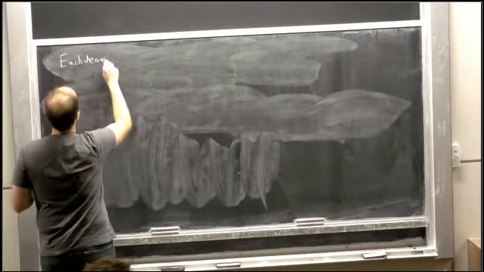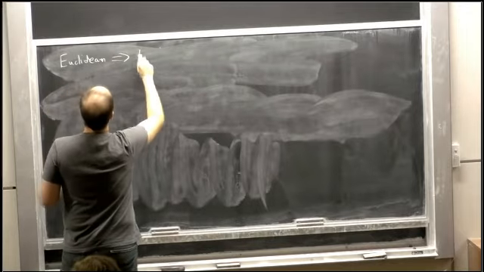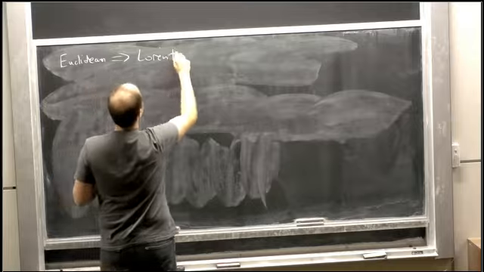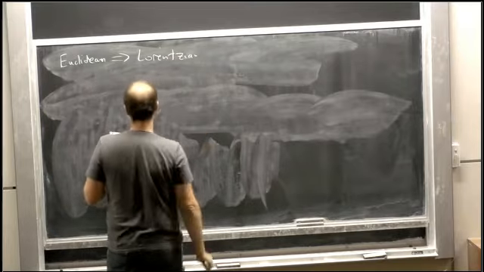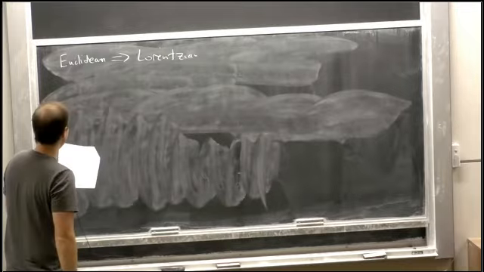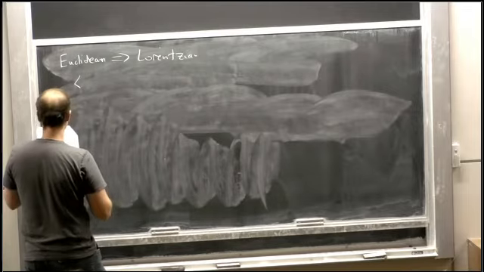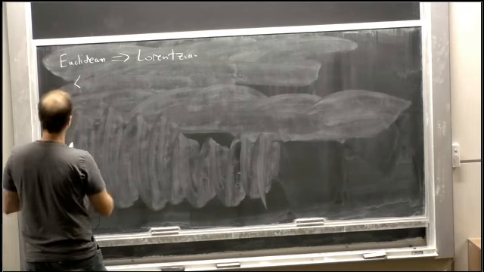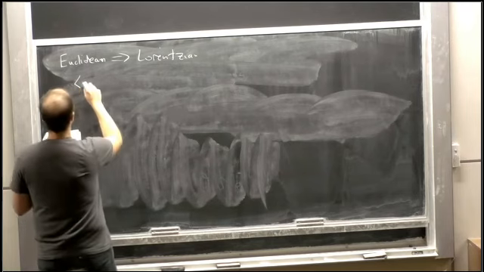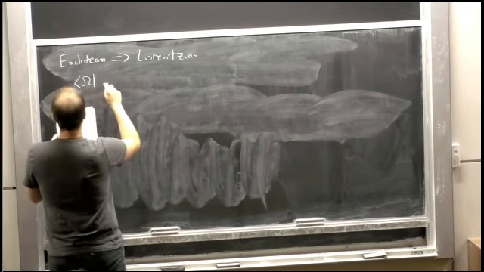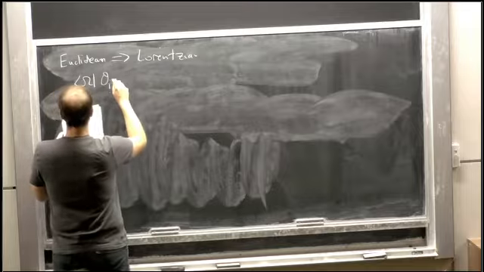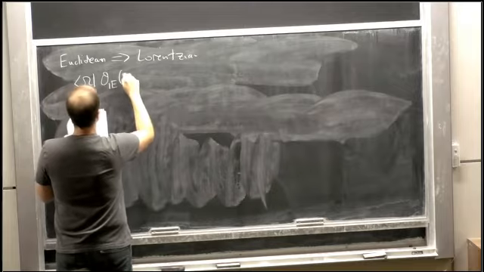So how do we get to these Lorentzian correlators? Remember that we had these Euclidean correlators that were holomorphic functions of their arguments in some nice region.